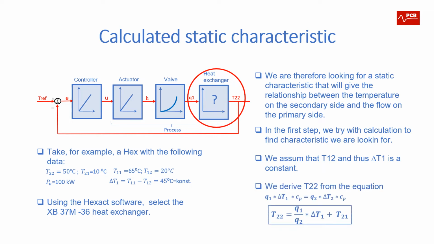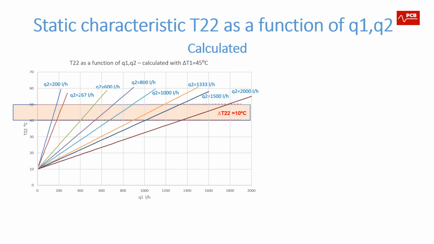So we write the equation which gives us a relationship between primary and secondary power, and we express the temperature on the secondary side, and we get this formula. If we present this formula in a graph, we can see that there is a group of lines whose slope decreases with increasing flow on the secondary side.